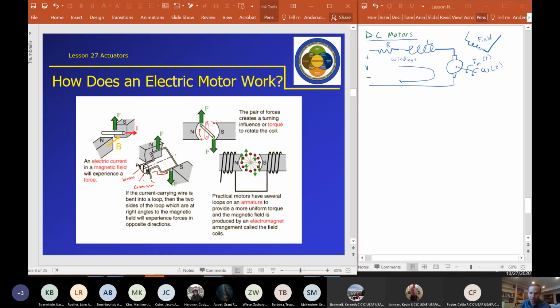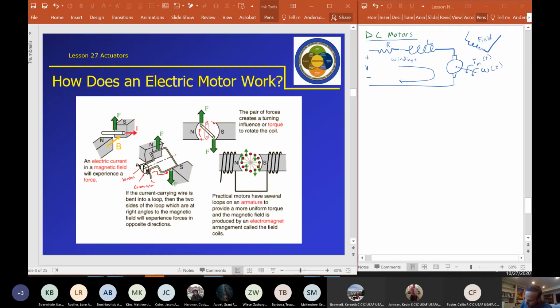They're called brushes because they brush the commutator. They're usually something like graphite, like you'd have in pencil lead. They use graphite because graphite is conductive, but it's also relatively low friction. So they are just pressed lightly against the commutator.